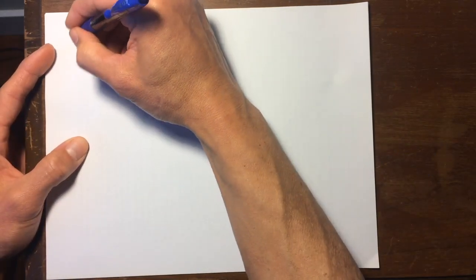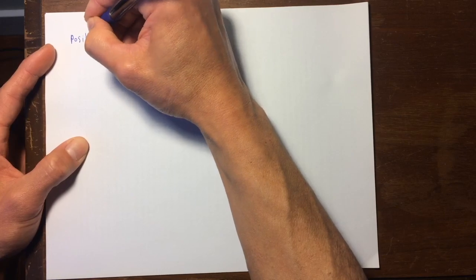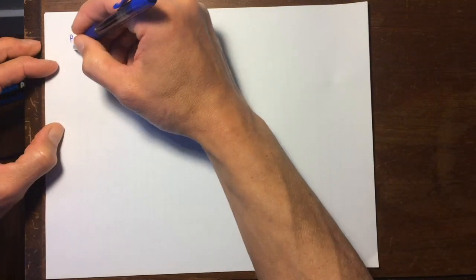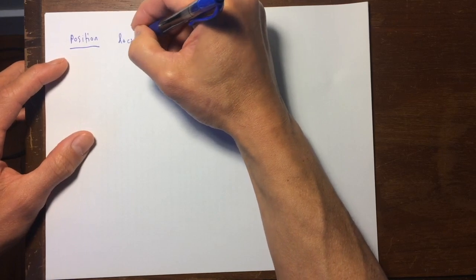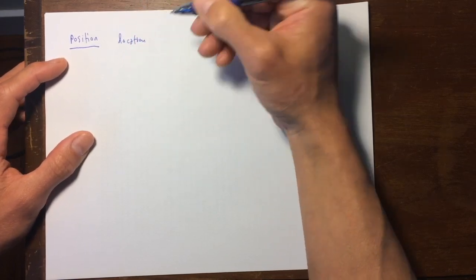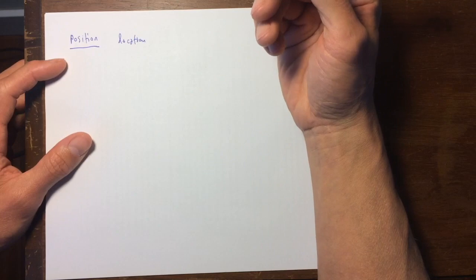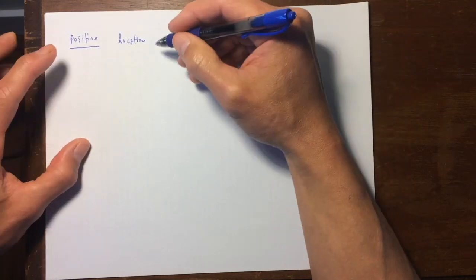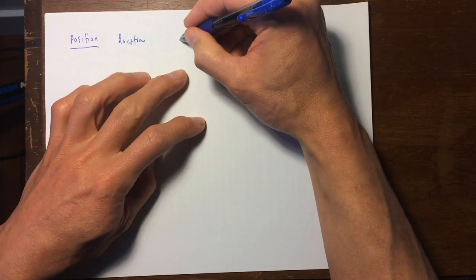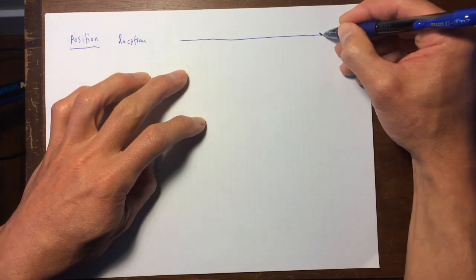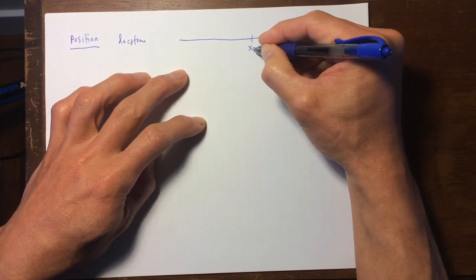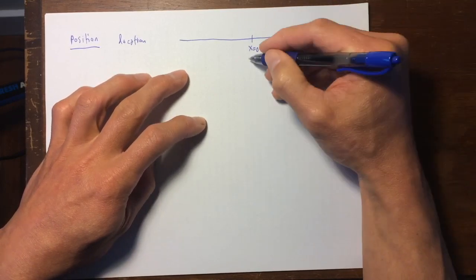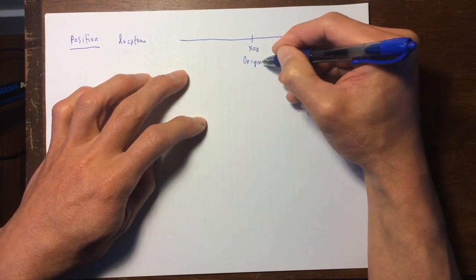So the next thing I'll describe is position. So position is location. Maybe location is simply the best. So it kind of goes with the idea of a number line. So we could say that this is the position called x equals 0, often called the origin.